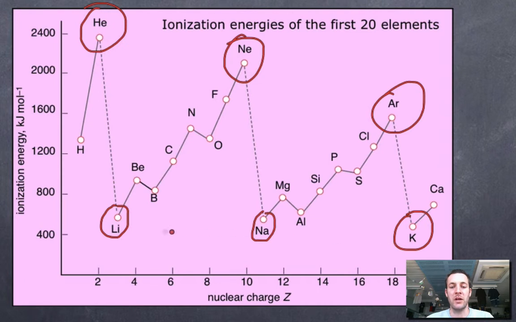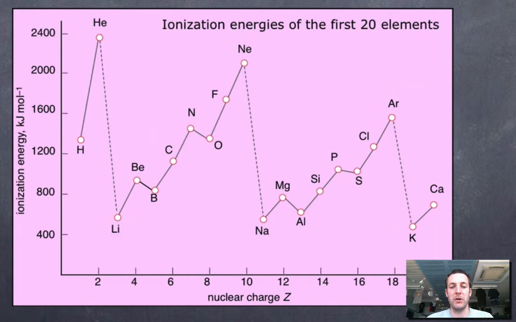So the most obvious thing about this graph is that it's showing us that the most stable elements in terms of their electron configurations have the highest first ionisation energies, and the least stable elements have the lowest. In other words, as the first ionisation energy increases, we expect to be finding more and more stable atoms.